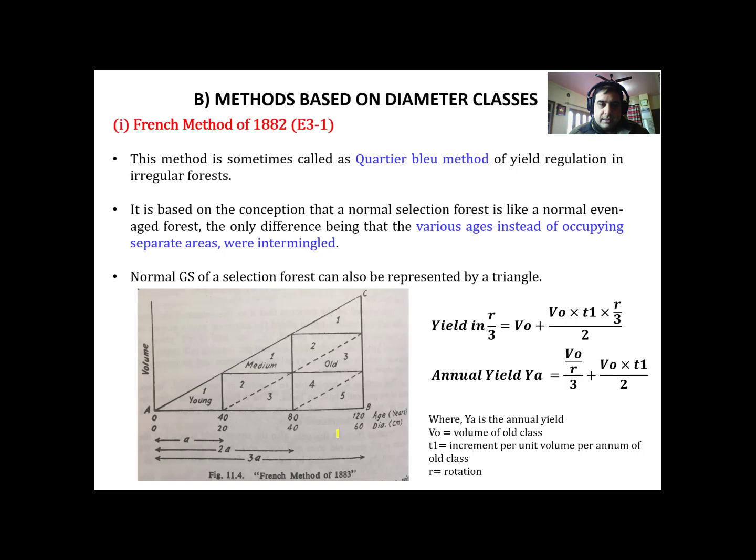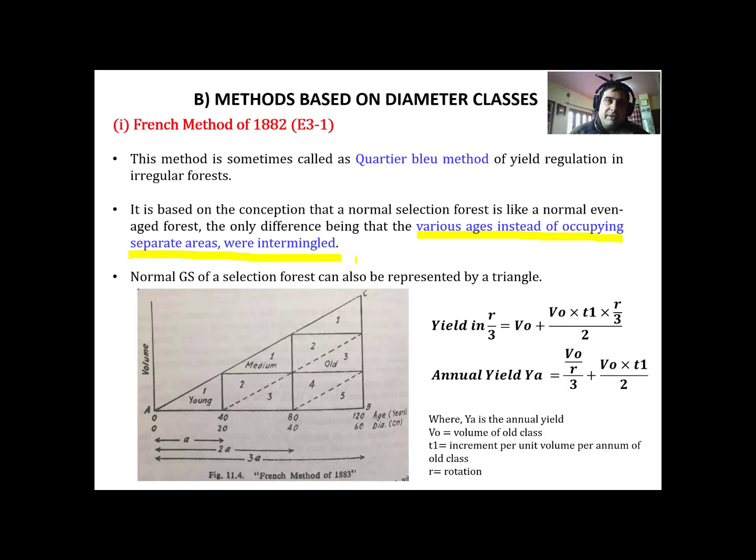The essence of the French method is that it assumes an irregular forest, which is not of uniform age, to behave just like an even-aged forest. The only difference is that you have to assume that the various ages, instead of occupying separate areas, are intermingled.